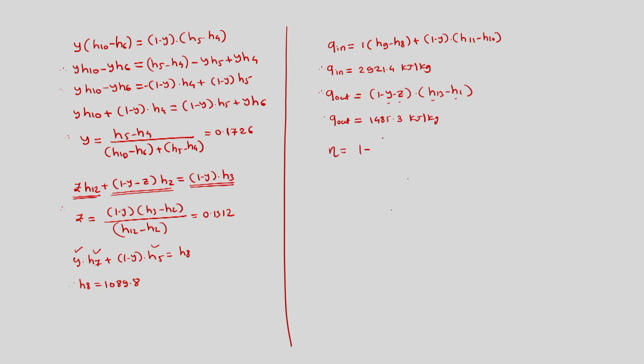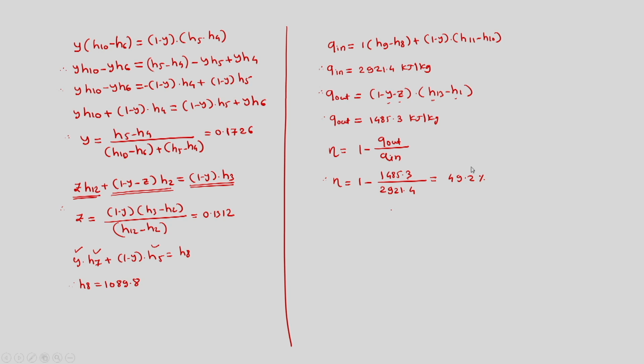So, it is helpful for us to find out efficiency, which is Q out upon Q in. So, 1485.3 divided by Q in, 2921.4. So, we get the efficiency of the cycle as 49.2%.